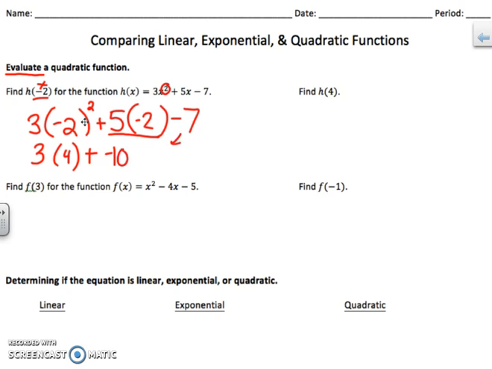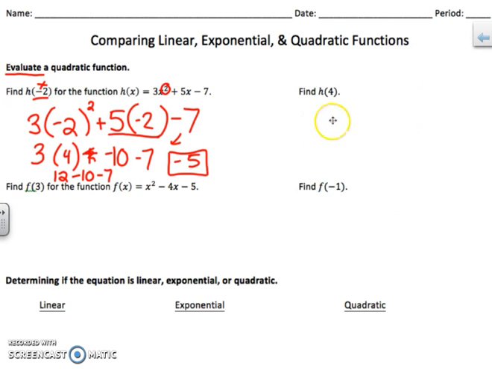And then I'm going to bring down -7, okay? So then 3 times 4 is 12. I'm going to go ahead and get rid of that. -10, -7, okay? So 12 minus 10 minus 7 is going to be -5. So again, you can type this whole thing in your calculator, or you can do it step by step, okay?